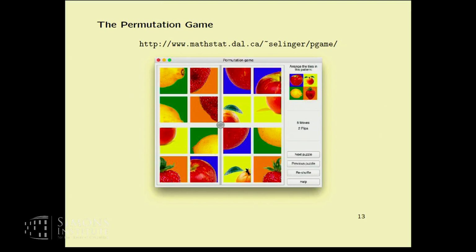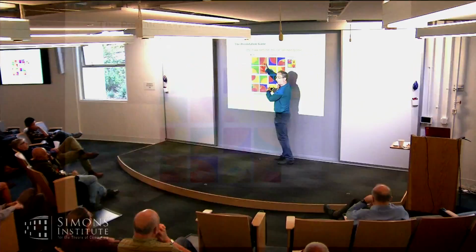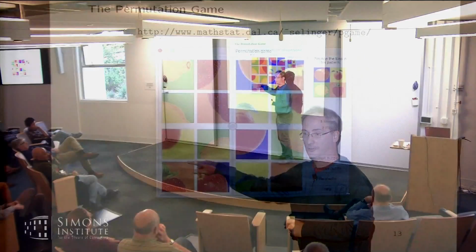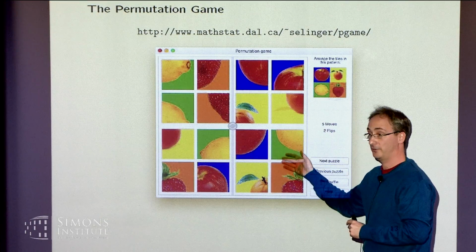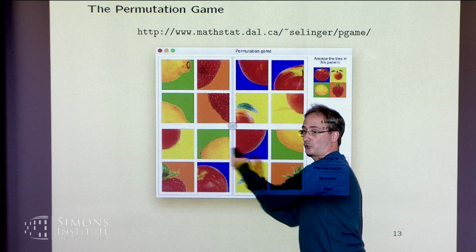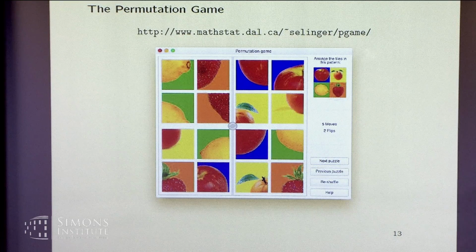You can use a horizontal move to do that. And then you're going to use a vertical move that just doesn't touch the top half at all, but just fixes this little square here, applying the same cycles on the left and on the right, and then you can conjugate them back to their original positions.